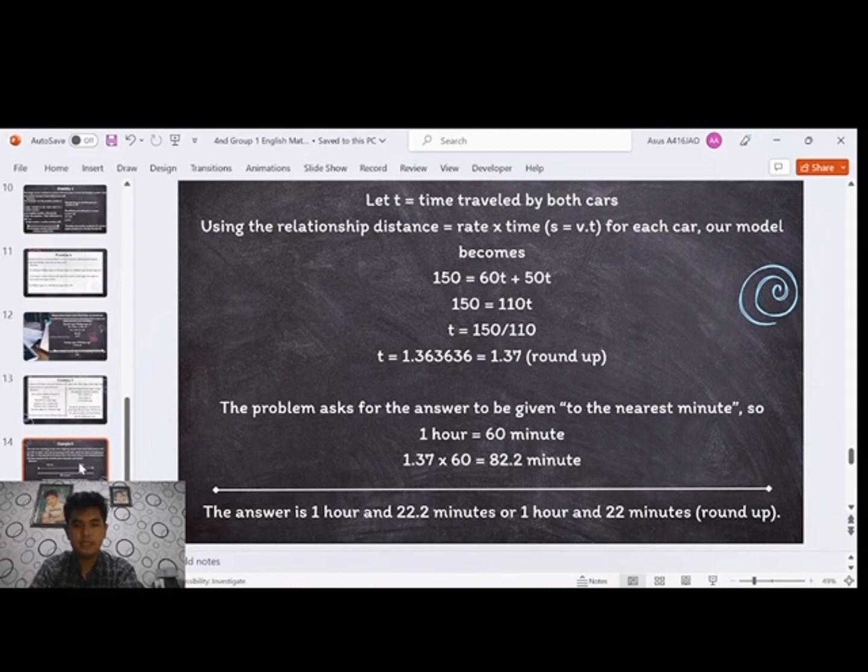The problem asks for the answer in time, so we need to convert to minutes. 1.37 times 60 is 82.2 minutes.